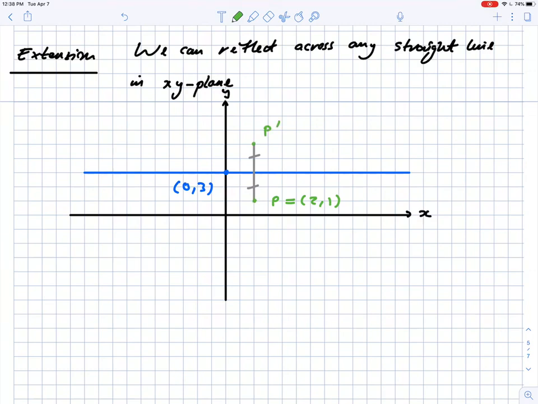Okay, so I get P prime up here. That's very nice. And what's the coordinate? Well, it's the same x, but now the y has changed. It goes to 5, doesn't it? So I think what we can see here is that the reflection across this line is not so easy to understand in Cartesian coordinates. The fact we're getting 5 there is a little bit difficult. We really need to draw the picture.